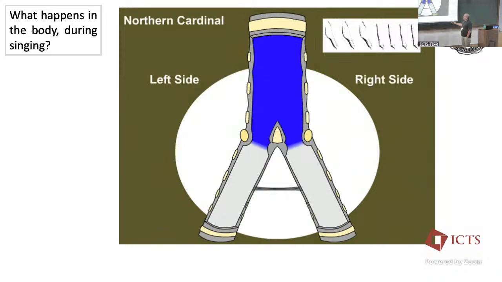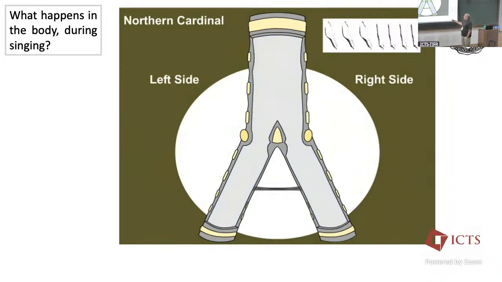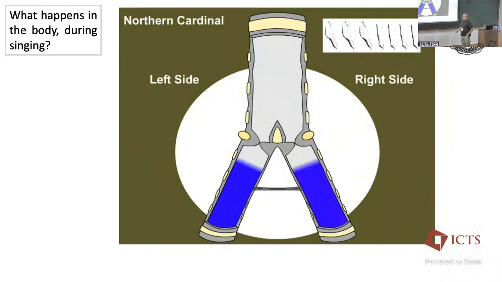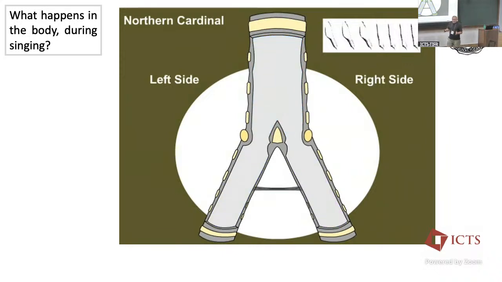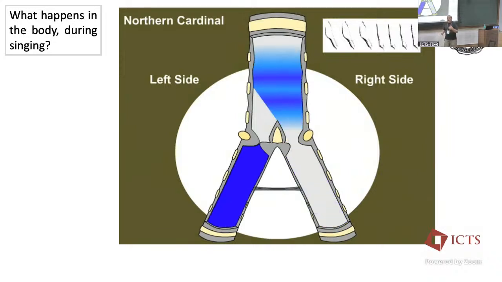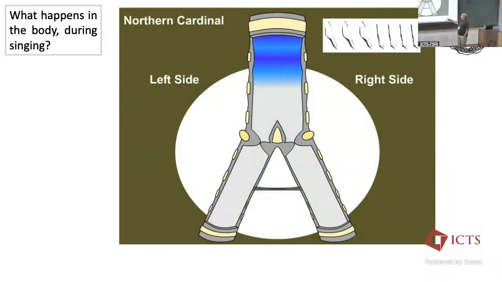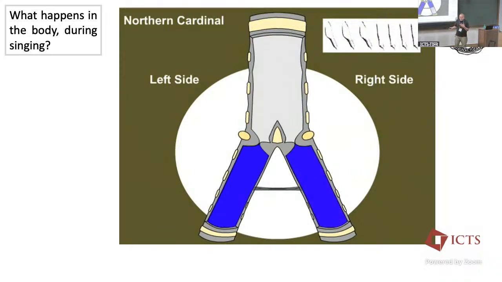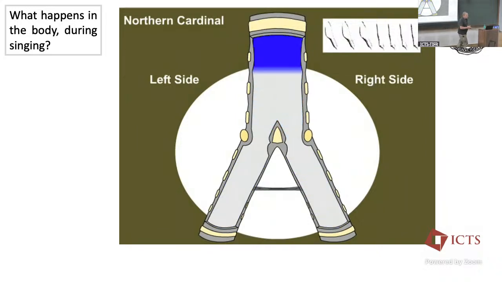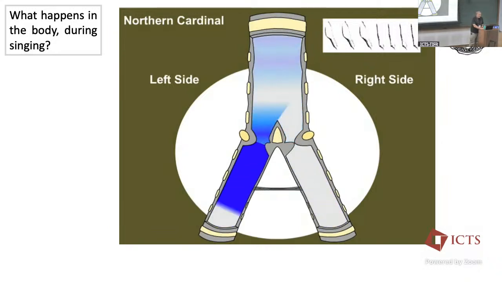Because of the action of some muscles, they get together, and when the air comes through, they modulate the airflow. So the time derivative of the rate of mass injection at the base of the trachea generates the perturbations of density that become sound.